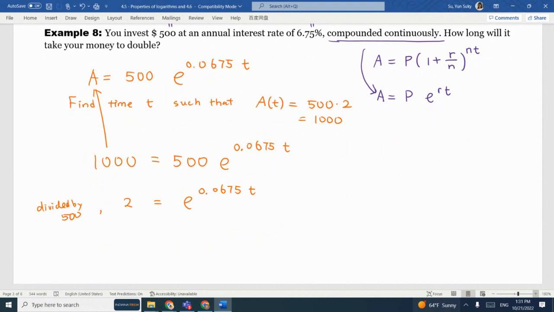What do we do next? How do we get rid of the e? Natural log on both sides. So ln 2 equals ln e to the 0.0675t. e and ln cancel. So we have 0.0675t.